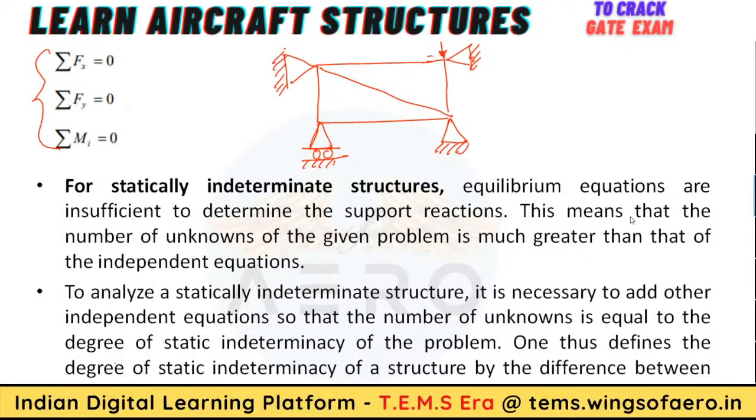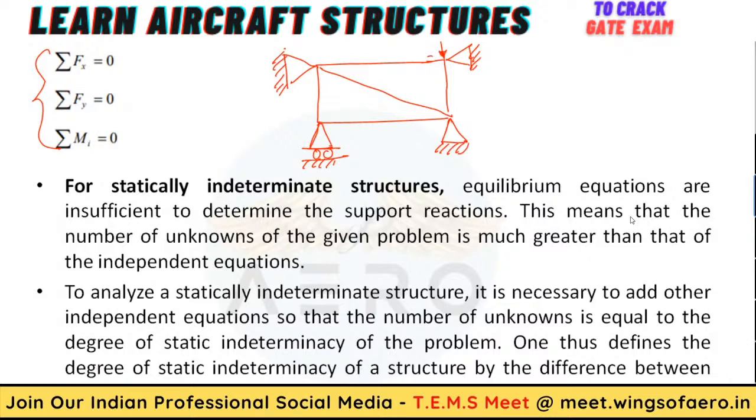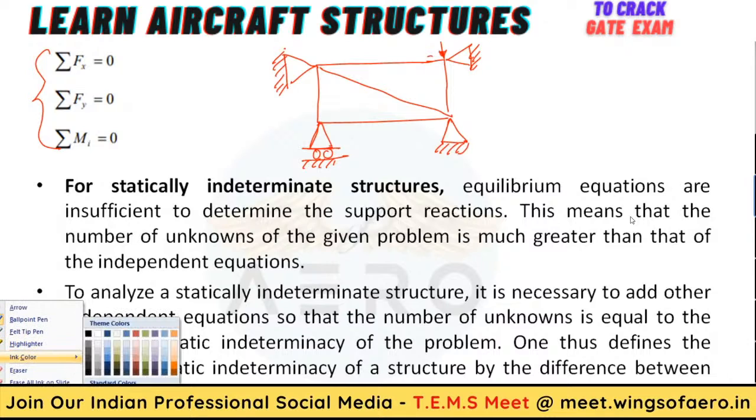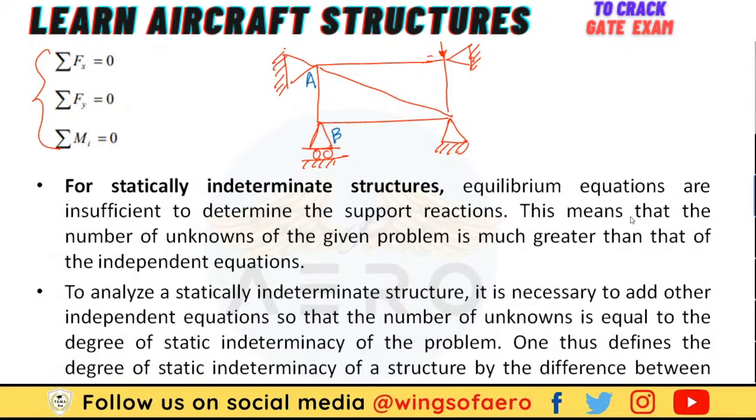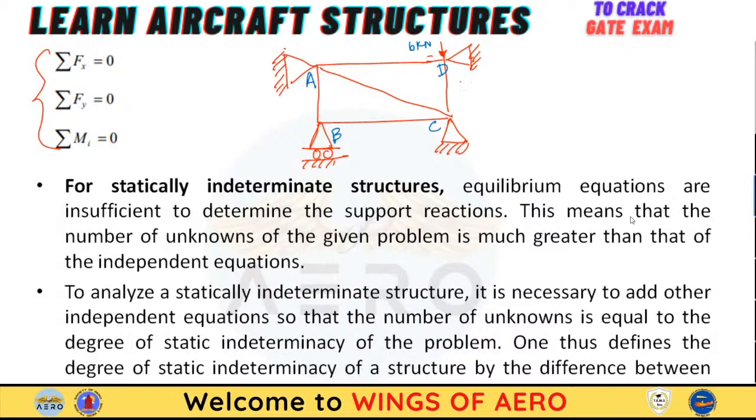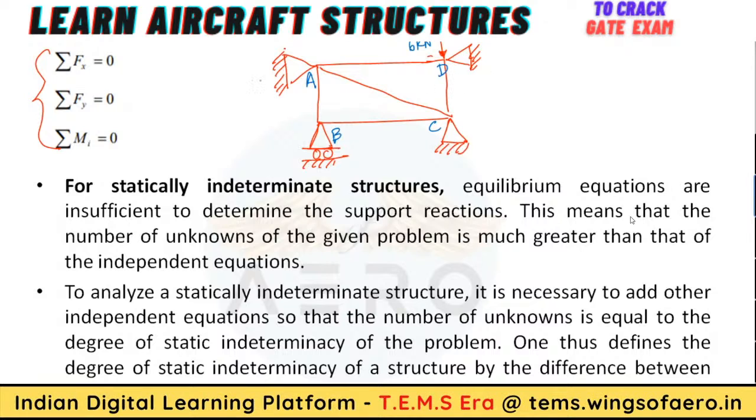Let me change the ink color. Here this is point A, this is B, this is C and D. At point D, for example, 6 kilonewton is applied. Now what are the different forces?